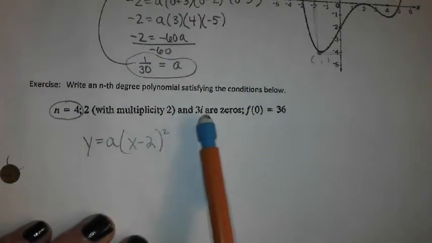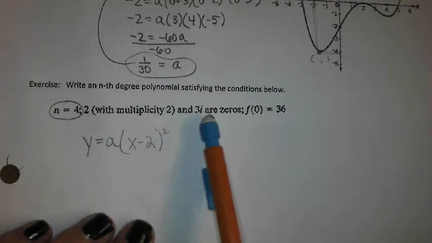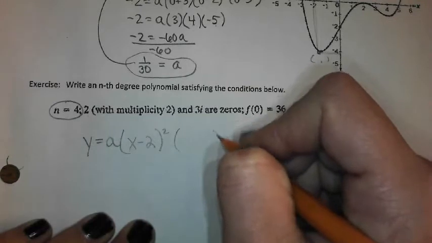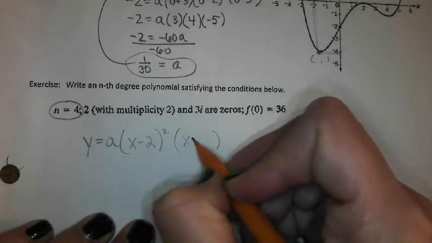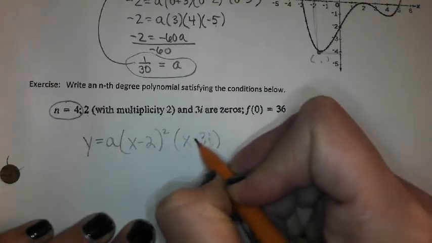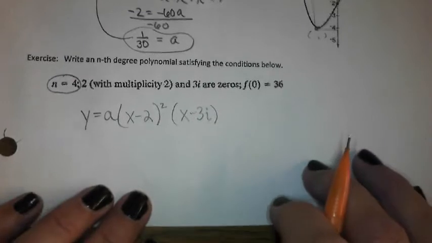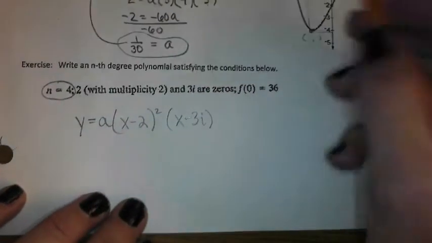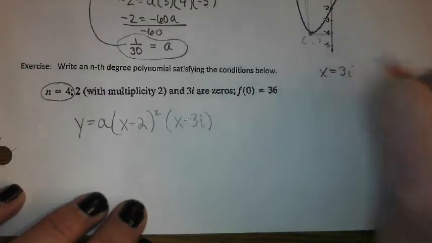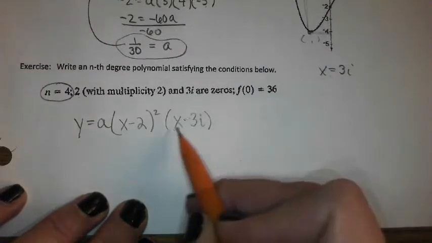And they're telling us we have a root at 3i. So what's that factor going to look like? X minus 3i. That's a nicer imaginary root because it's not a binomial, right? The binomial made it a little bit uglier. But if your root is 3i, then your factor will just be x minus 3i.